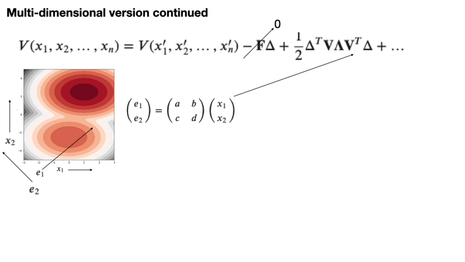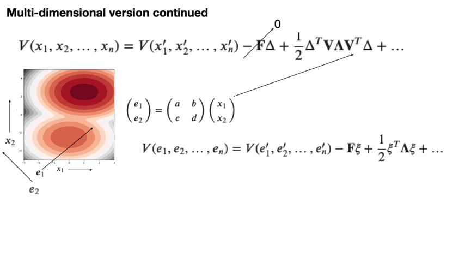We can thus replace V transpose times delta with a vector that tells us the projections on a different basis set of vectors. Notice furthermore that delta transpose times V is the transpose of V transpose times delta. We can thus rewrite the Taylor series at the top of the slide as shown here.